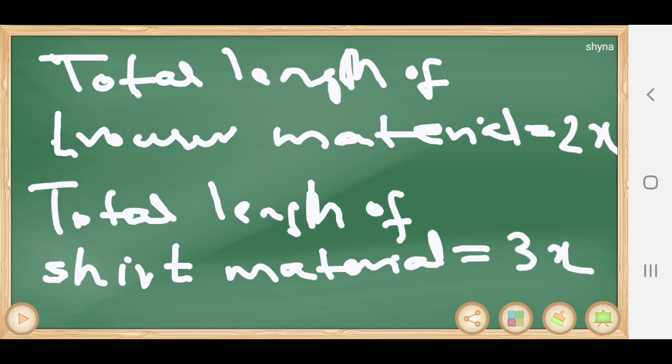Then total length of shirt material he bought is 3x meter and total length of trouser material he bought equal to 2x meter. Okay, dear children.